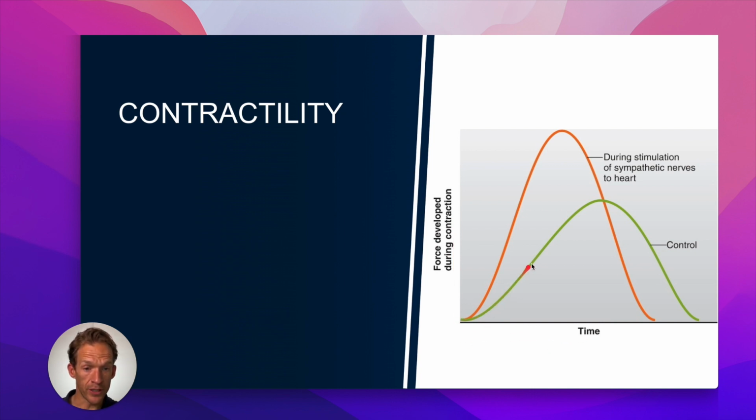A normal cardiac cell would contract and generate force according to this line, whereas with increased sympathetic stimulation, the peak occurs earlier, so the frequency of the next one goes up, if that would be with the same input. But also the maximum force produced by this cardiac muscle cell is higher than for this one. So this really shows an increased contractility due to sympathetic stimulation.